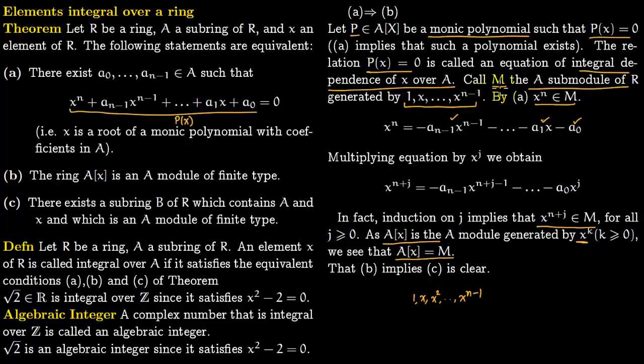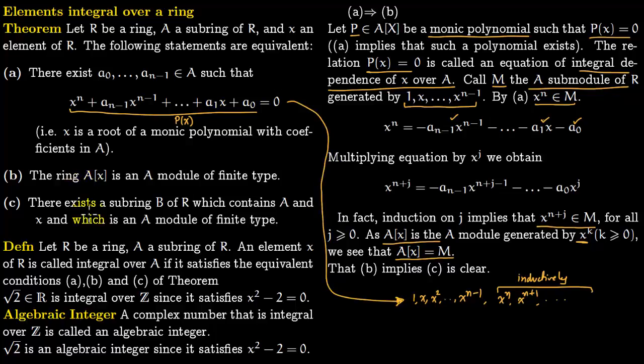This is because M is generated by a finite set of elements, and these higher powers come inductively from this monic polynomial right here. So this monic polynomial is giving the powers inductively.